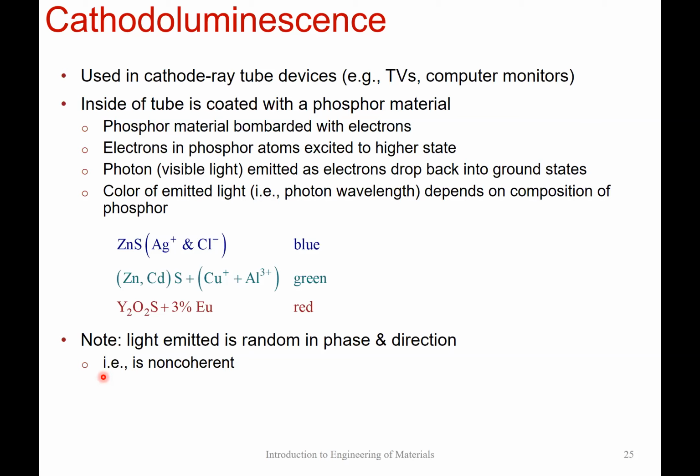Something that we've experienced quite a bit, in terms of manipulating the optical properties of materials to get different colors in viewing devices like TVs and computer monitors, has been the cathode ray tube, in which there's a material within the tube that's called a phosphor material.